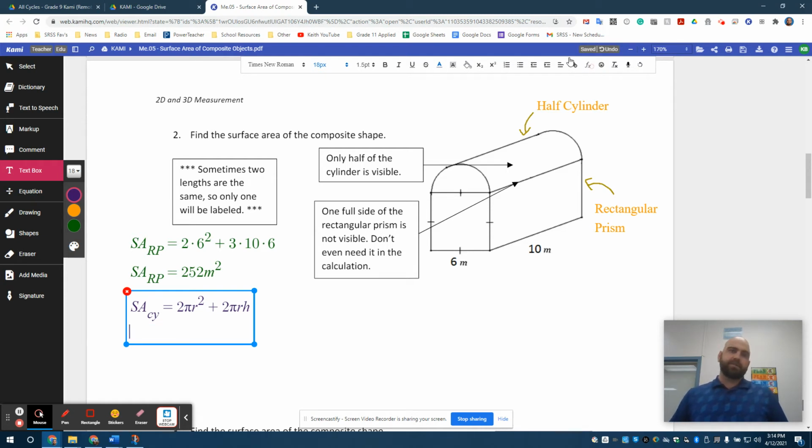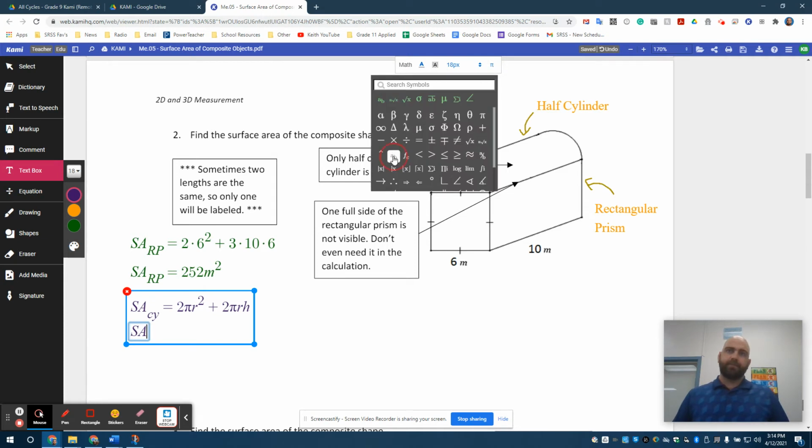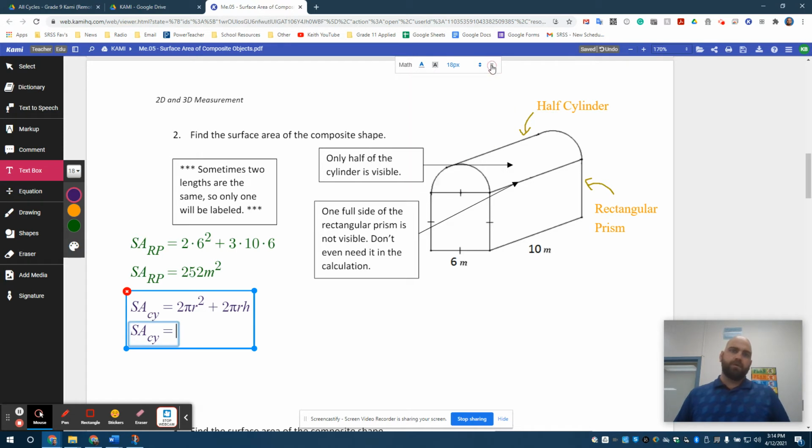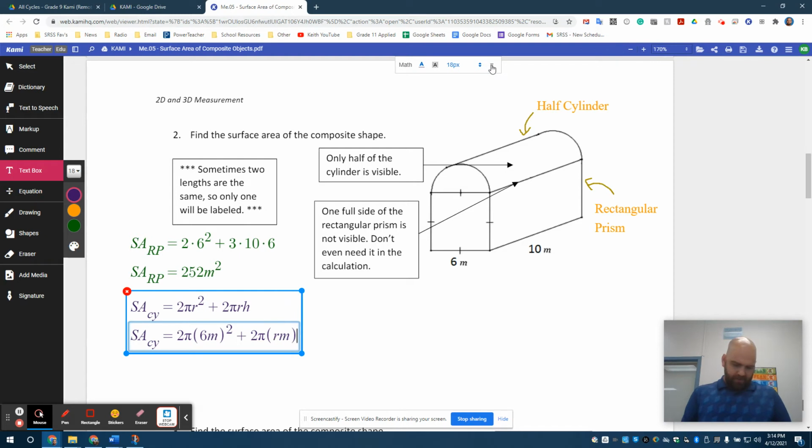So to find the full cylinder, surface area of the cylinder is equal to 2 times pi times the radius, which is 6, meters squared. 2 times pi times 6 meters times 10 meters. And that's the height.